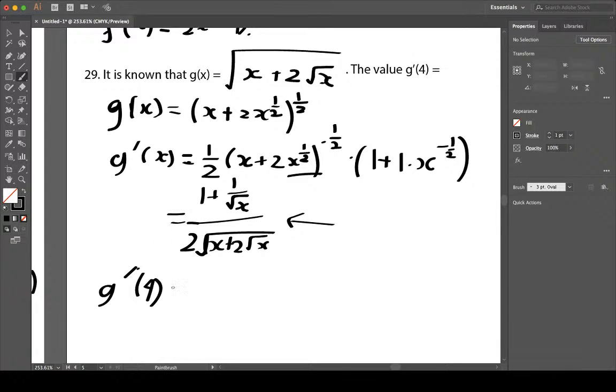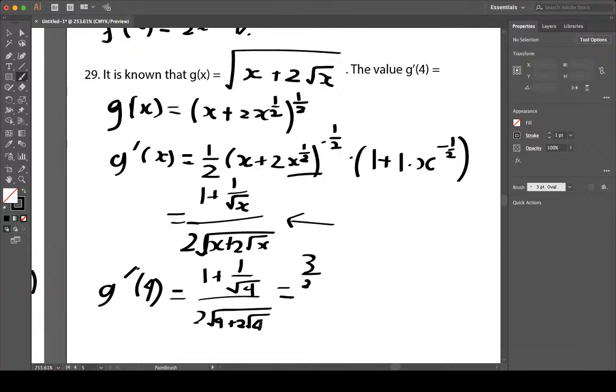So if you go ahead and just do this, it's basically 1 plus 1 over the square root of 4. At the top side, that would be a 3 over 2. Yeah, that's 1 plus half. Divide the entire thing by 2 times the square root of 4 plus 2 times the square root of 4.